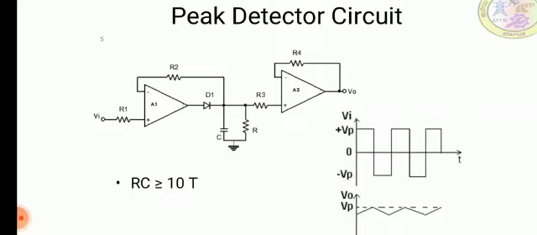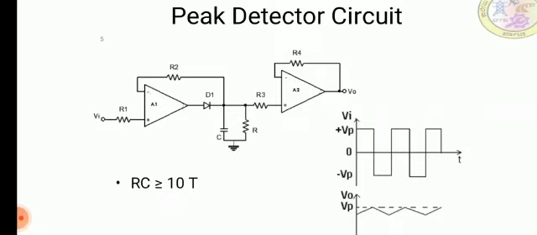Basically, the working principle of this circuit is such that the peak of the input waveform is followed and stored in terms of voltage in the capacitor. On moving further, if the circuit detects a higher peak, the new peak value is stored in the capacitor until it is discharged.